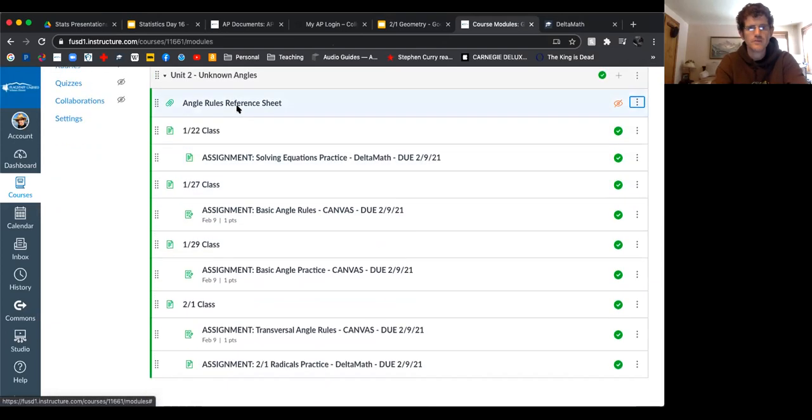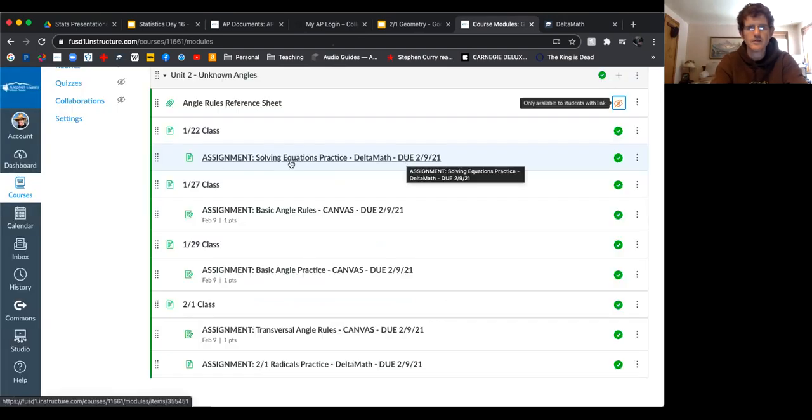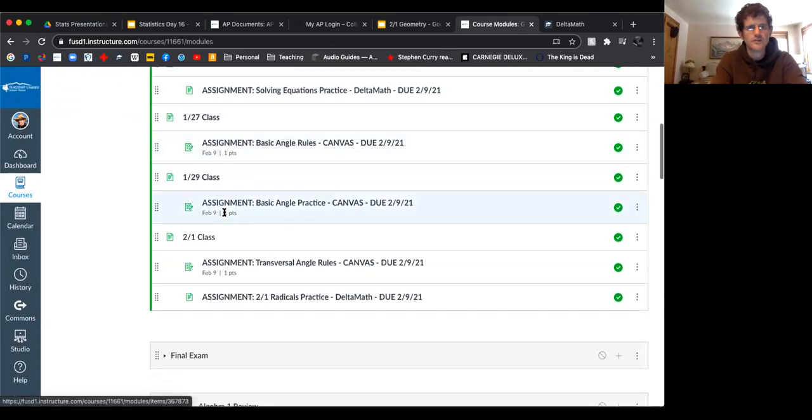I did post an angle rules reference sheet. Sorry, I just want to make sure that's available for you guys to see. Anyways, we've got the angle rules reference sheet, and today's class right here, we've got two things you need to do. One of them is just radicals practice. So I'm actually going to start with that one, then I'll come back to the transversal angle rules.